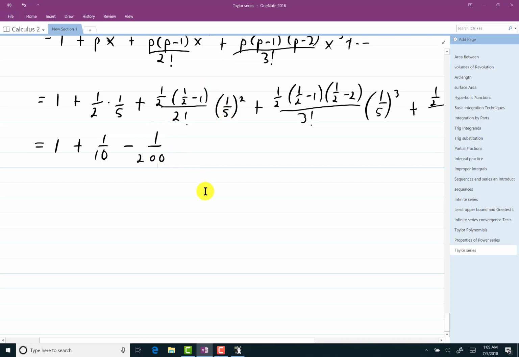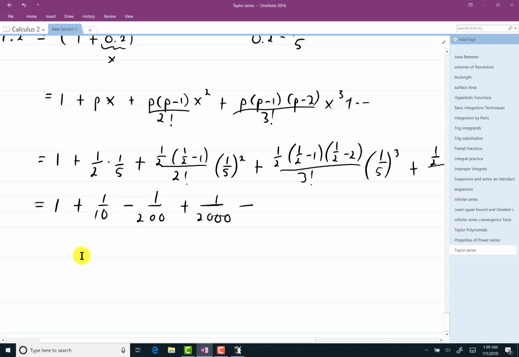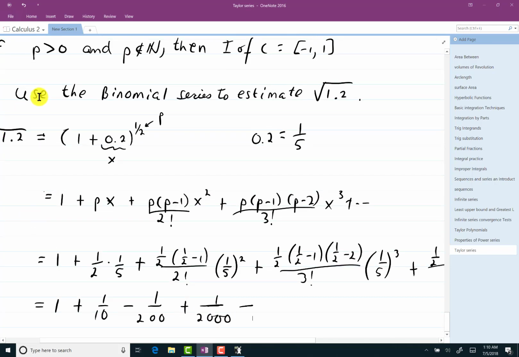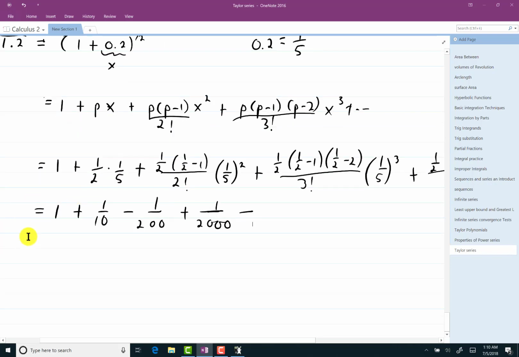Then I get plus 1 over 2,000 minus, and go ahead and use that as your estimate. And then you've seen what you do. Go and plug these in until you get so many decimals of accuracy. And just keep going until you've reached, I don't even remember if I told you how much accuracy you used. On a test, of course, I will tell you how much, or I might even tell you how many terms of the series to do.